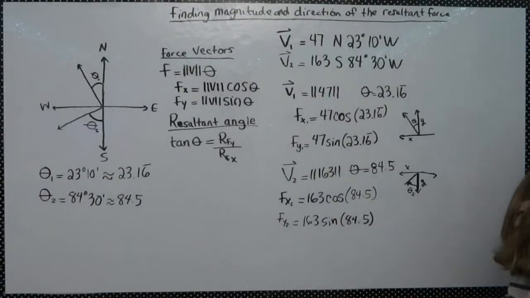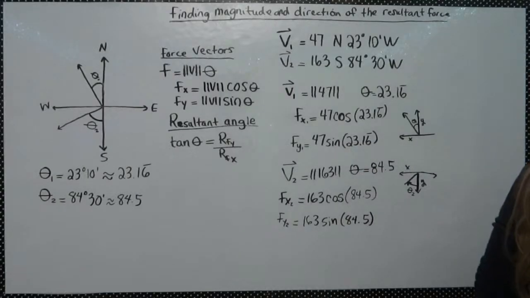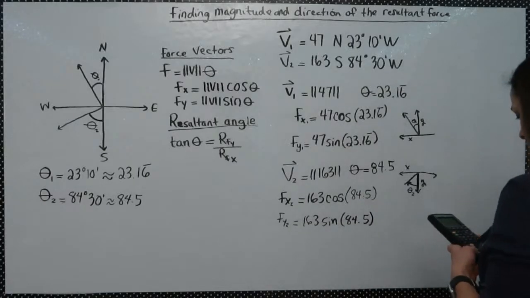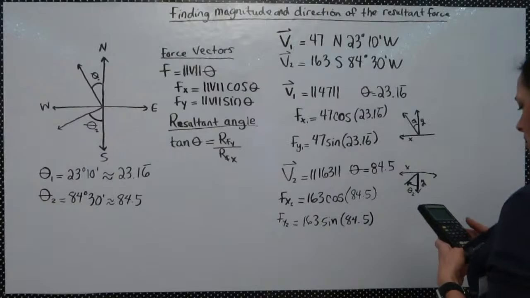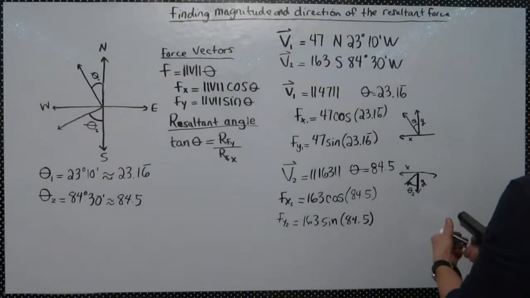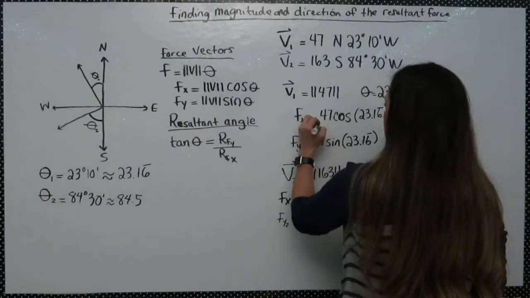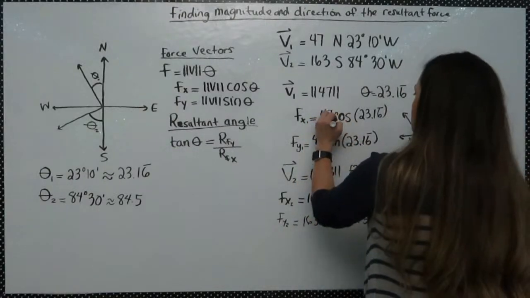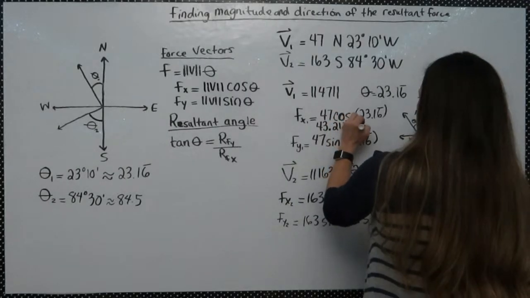All right, so let's find these values. The first one, 47 cosine 23.16. We'll keep it decimal for now. 43.212.